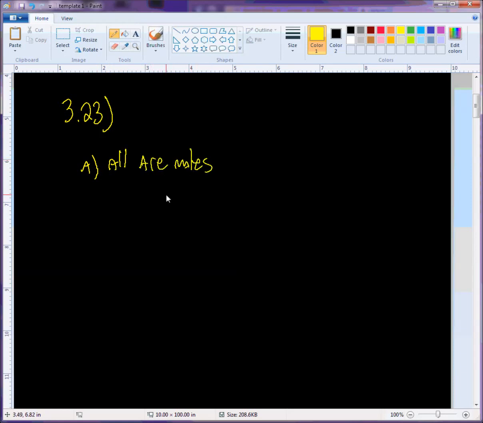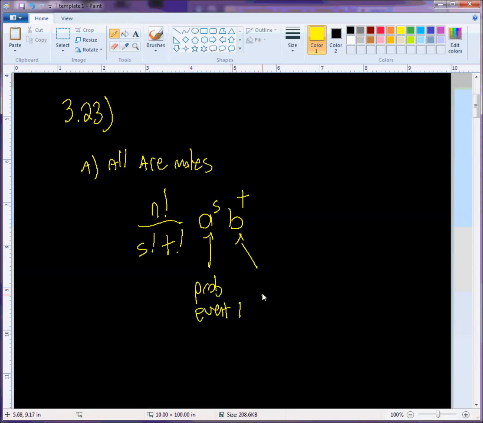So for this one, we can use that formula, right? So what is that formula? N prime over S prime T prime, and we're multiplying that by a variable A raised to the S and a variable B raised to the T. And A is going to be the probability of event 1. B is the probability of event 2.